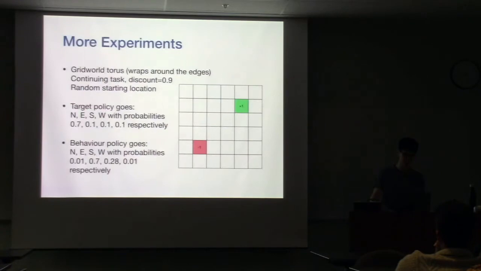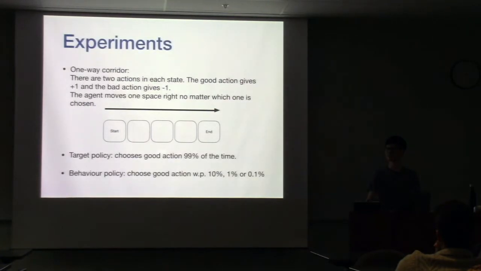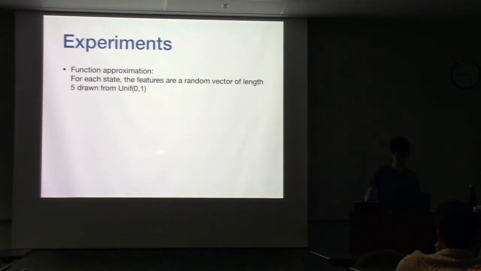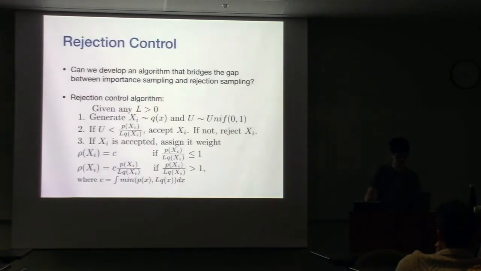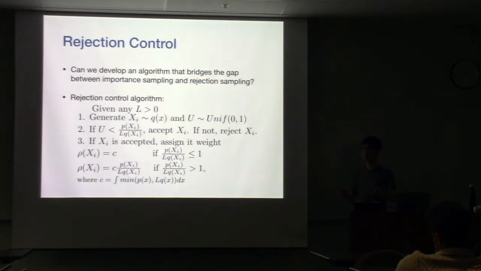For rejection control, you can pick any positive number because you don't need an upper bound. That was the key. Here you could use any L, but the cost is that sometimes you need to use importance sampling ratios to correct for not having an upper bound on the P of X. But for regular rejection sampling, L is always greater than 1.